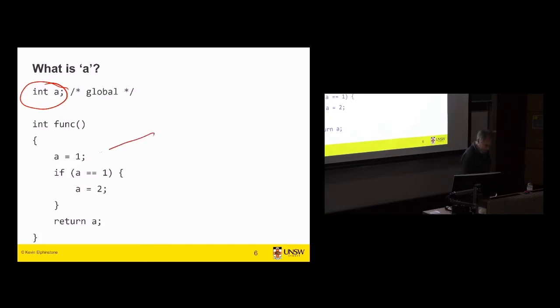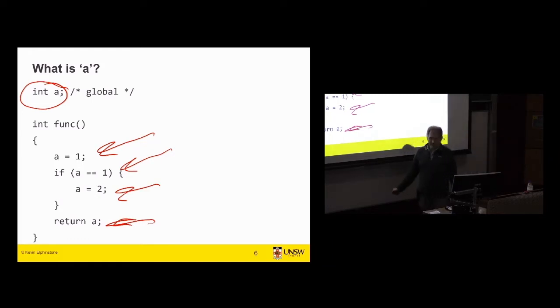A is a global, assigned 1 in this function when the function gets called. If A is assigned 1, assign 2 to A, and then we return whatever it is that we have when we get to the end.